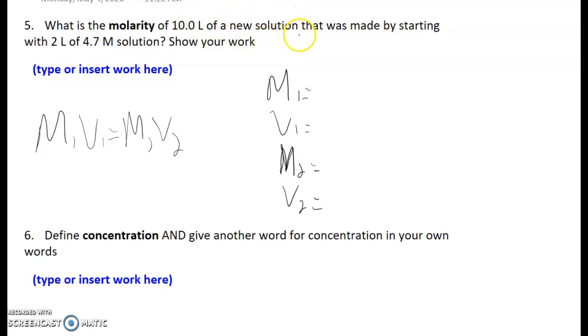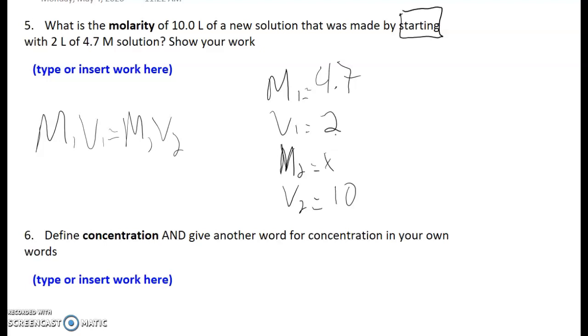The second thing I'm creating was made by starting with 2 liters at 4.7 molar, and I ended with 10 liters. What is going to be the molarity of that?